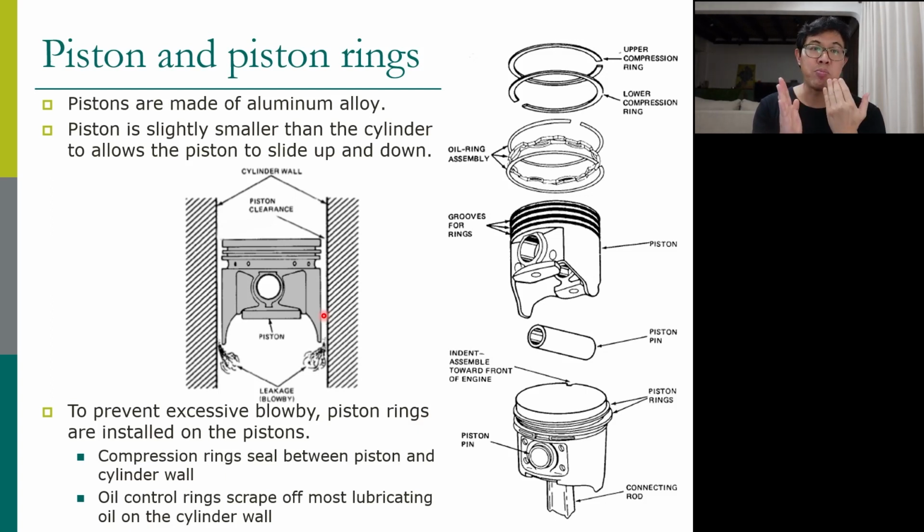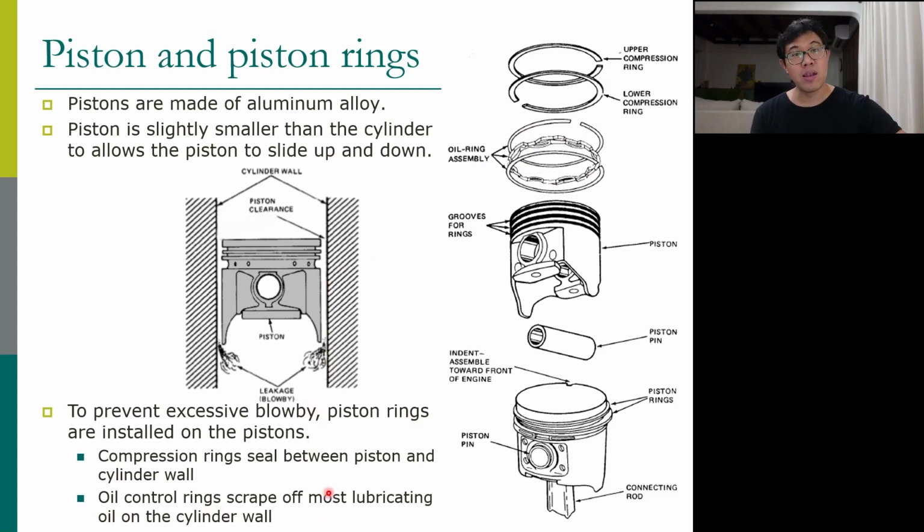Therefore, we put lubricating oil there, and we don't want the lubricating oil to go up into the combustion chamber because it's not fuel, right? If you burn the lubricating oil, you get some energy, but mostly smoke, right? Therefore, we need this oil control ring, which looks like this, to scrape the oil so that the oil goes down into the oil pan.